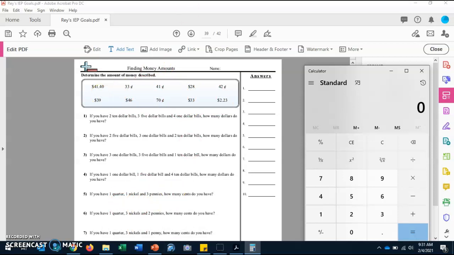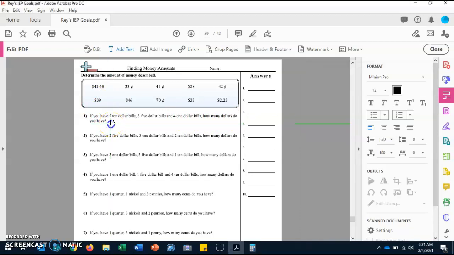So for question number 1, it says if you have 2 $10 bills, 3 $5 bills, and 4 $1 bills, how many dollars do you have? So let's write it down. So she has 2 of $10.